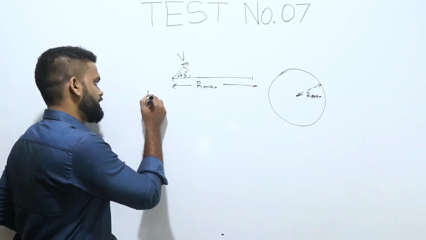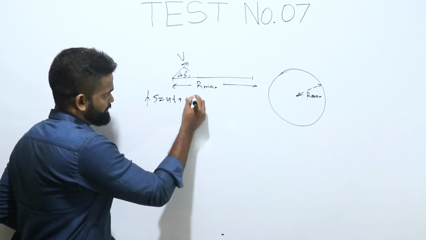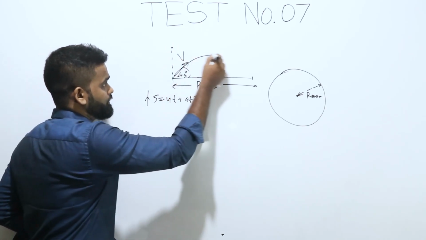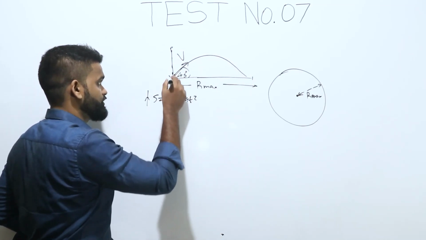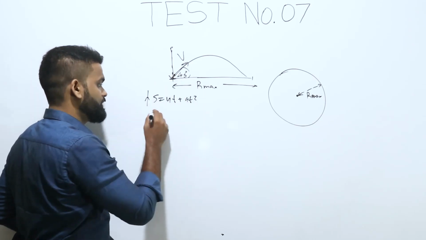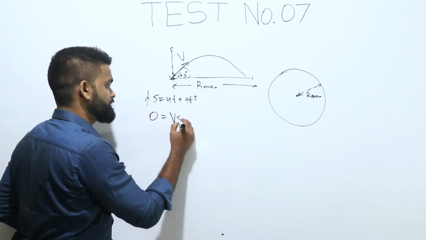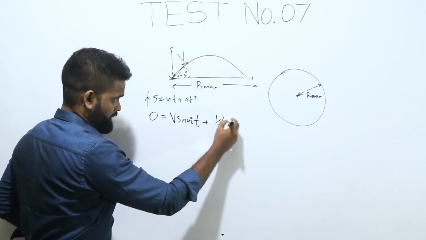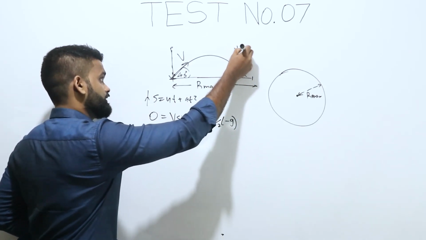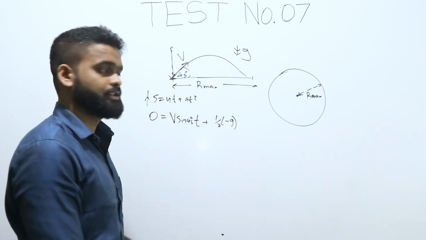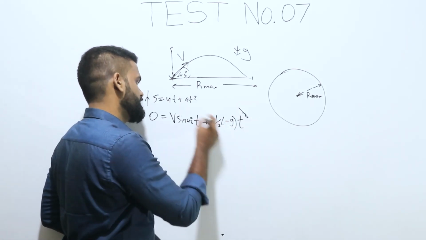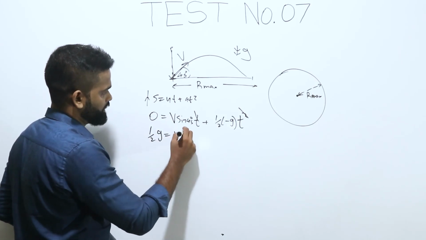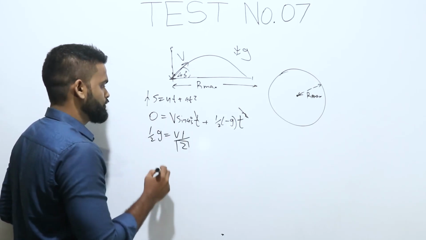As usual, just apply s equals ut plus half at squared vertically upwards. The bullet goes up, then comes down to the original position, so the vertical displacement is 0. Then v sin 45 is the vertical component, times t, plus half, gravitational acceleration is downwards, so minus g t squared. t cancels off, and half g t equals v sin 45, which is 1 over root 2.